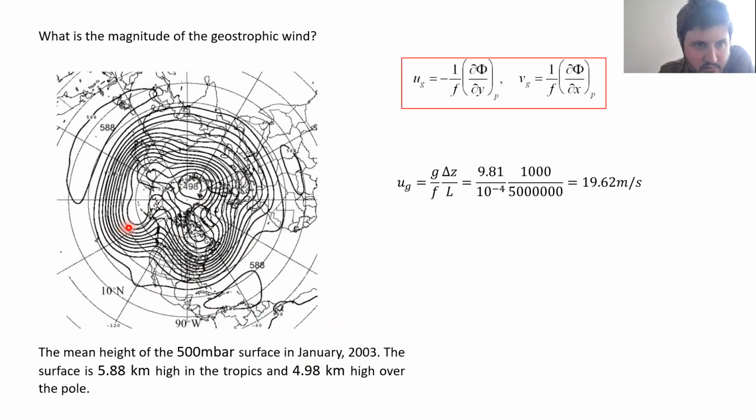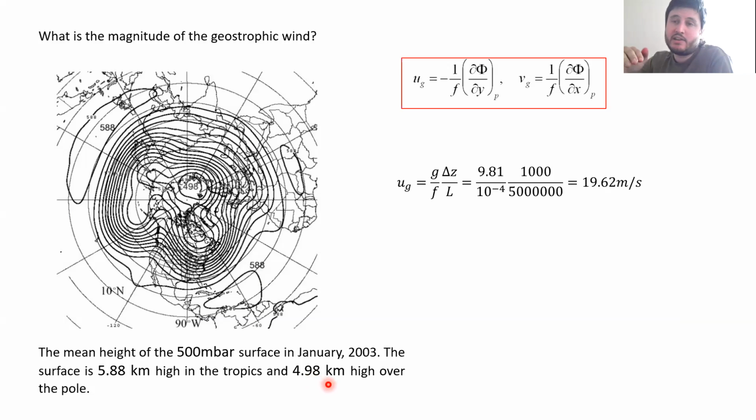You can look at that. This is expressed in decameters, but it doesn't matter too much now. What is important is that we can see from this map that the surface height in the tropics is around 5.88 kilometers, and close to the poles it is 498 decameters, so around 4.98 kilometers.